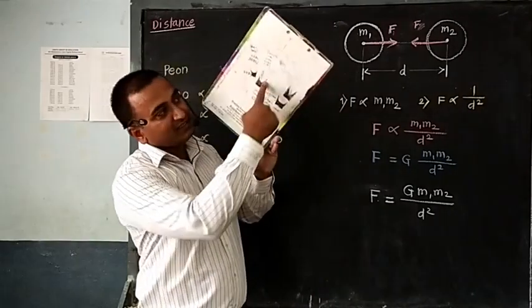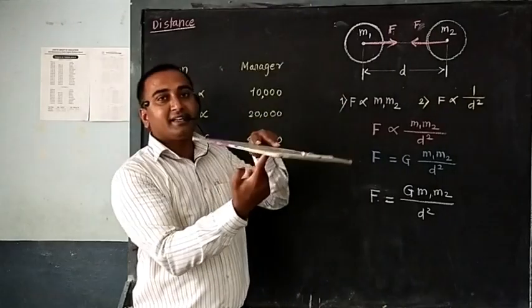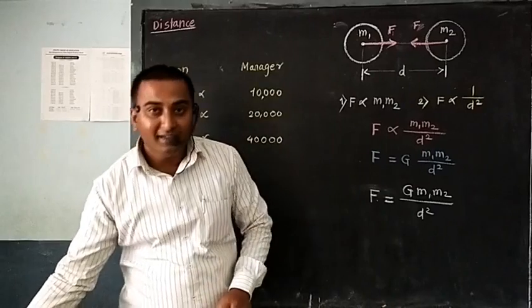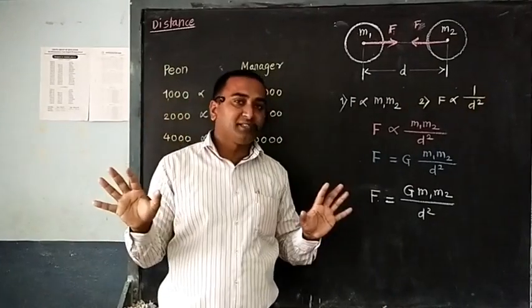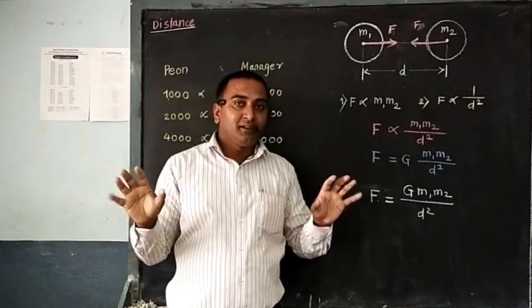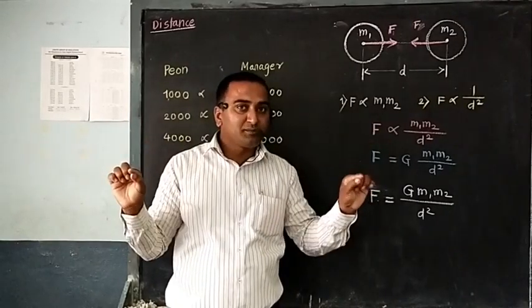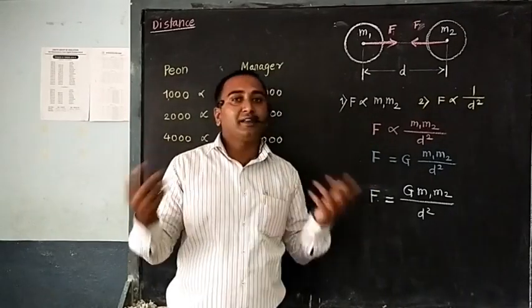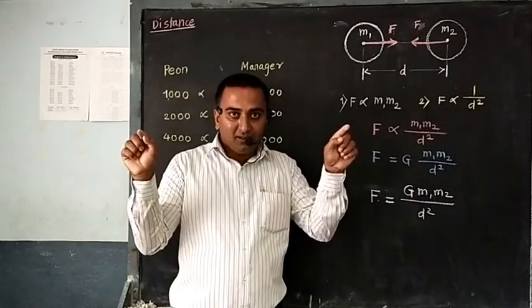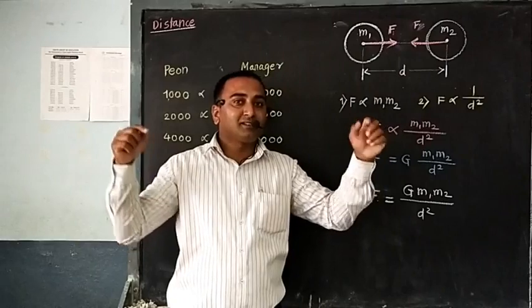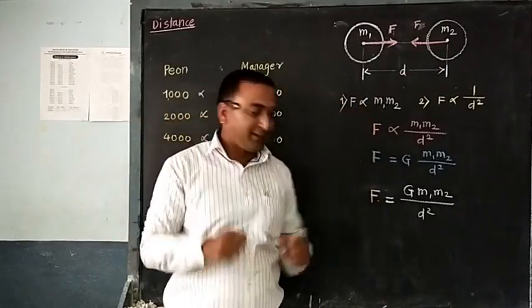So exactly the point above my finger is considered the center of mass. And when there are any two objects, if you join the centers of mass of these two objects, spherical or irregular, then the force is along the line joining the two centers of mass.